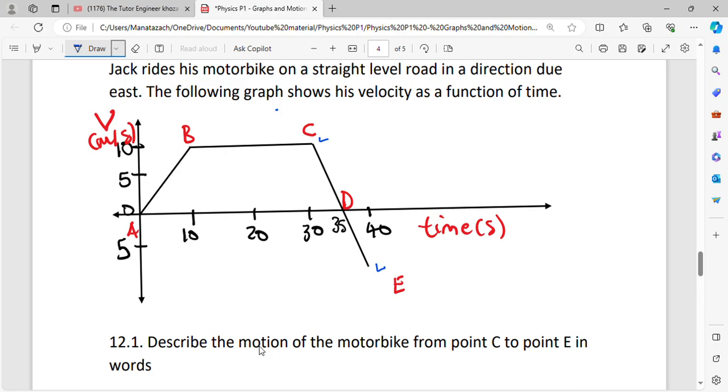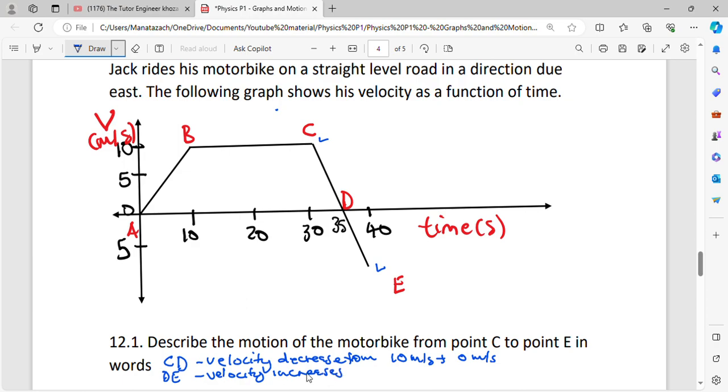So looking at the velocity time graph, we can say between C and D, velocity decreases from 10 meters per second to 0 meters per second. And then between D and E, velocity increases, right?